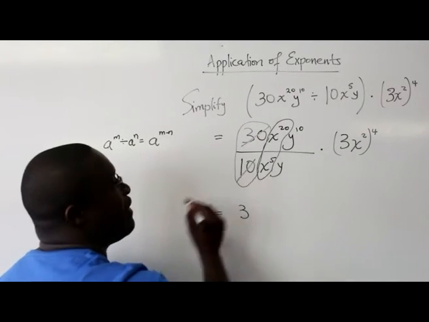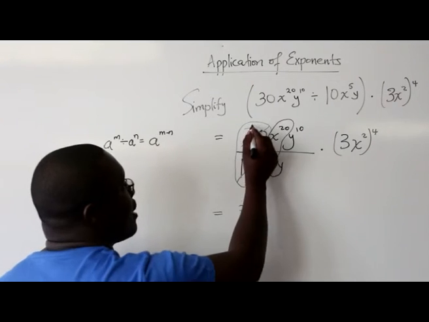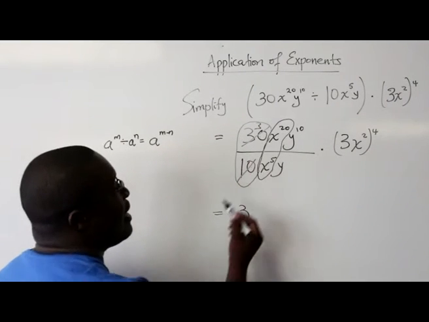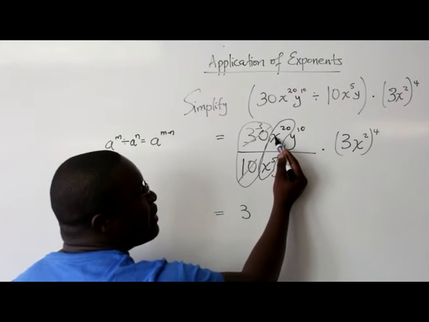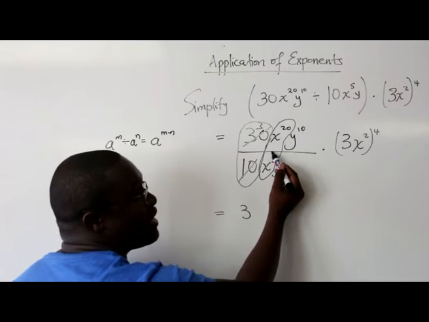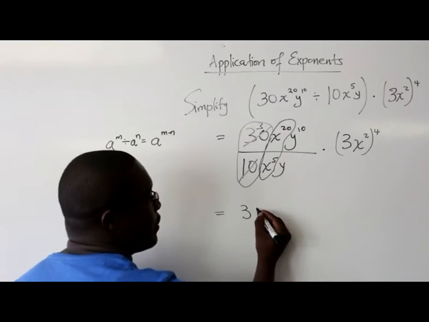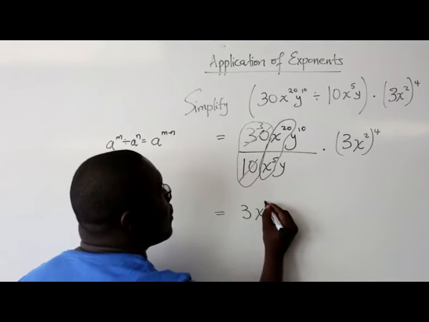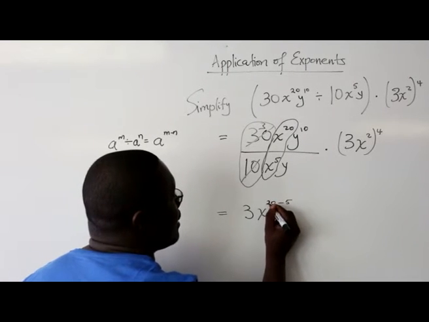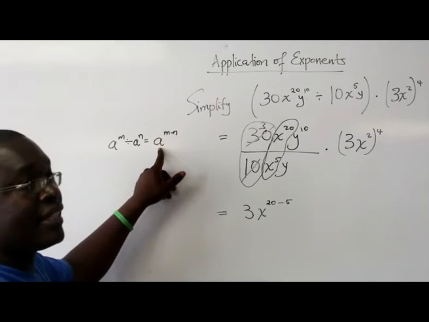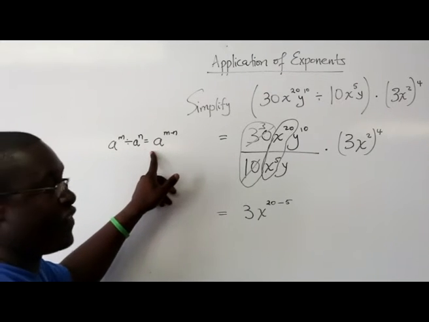So these two have cancelled out, right? So you have a 3 there. Then x and x. This is the same base, division, so we subtract the exponents. So it will be x to the power of 20 minus 5, using the laws of exponents.